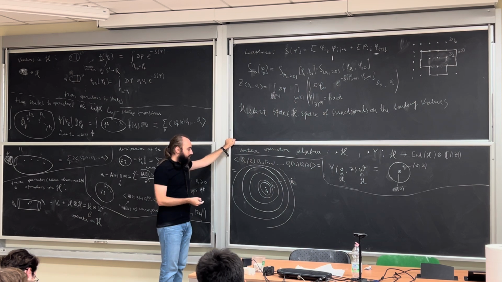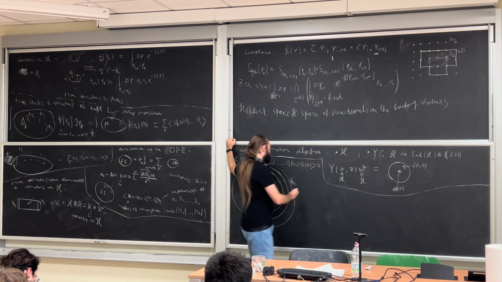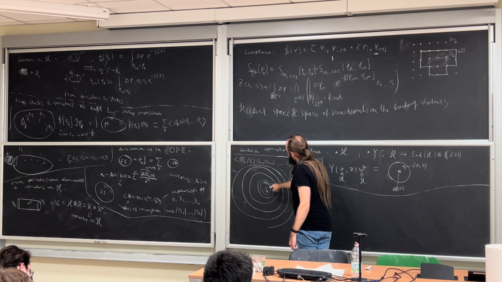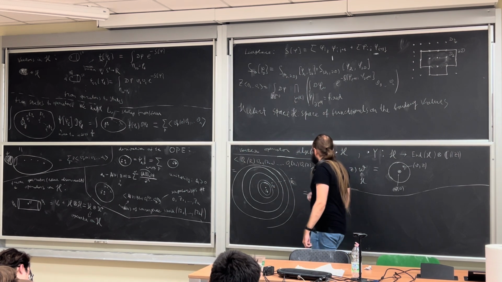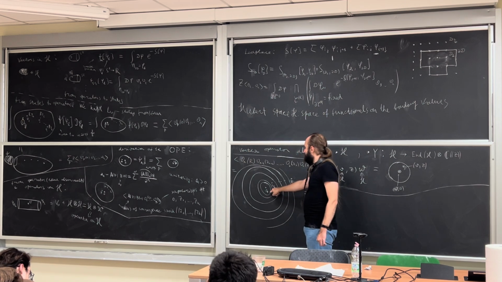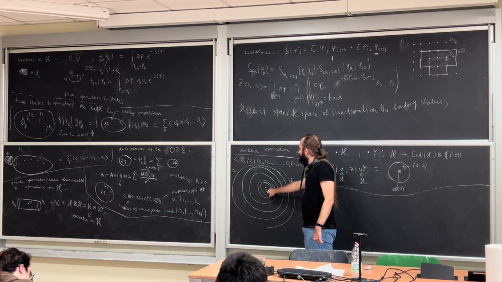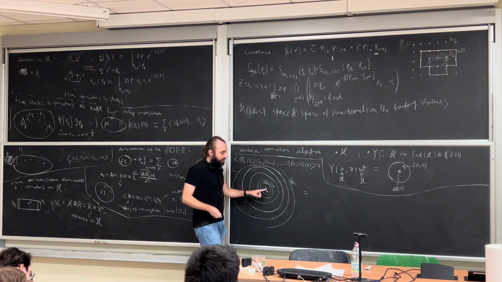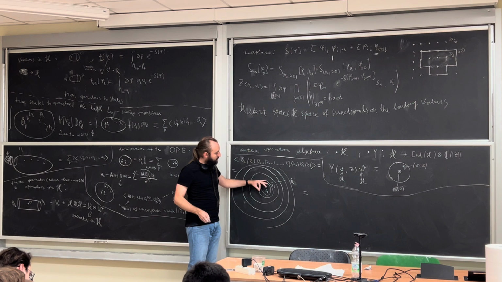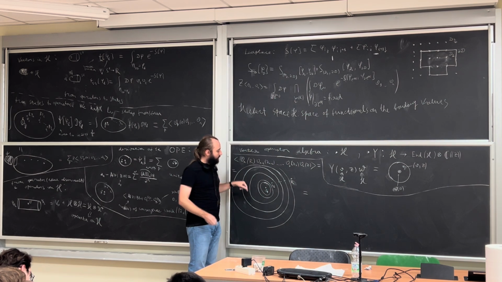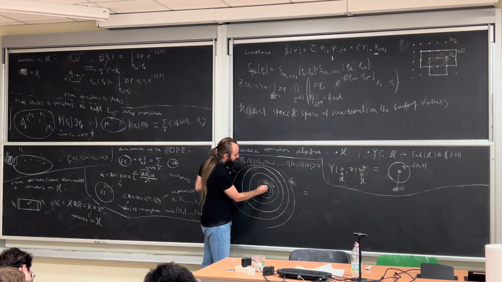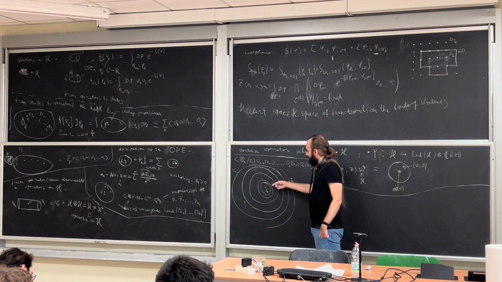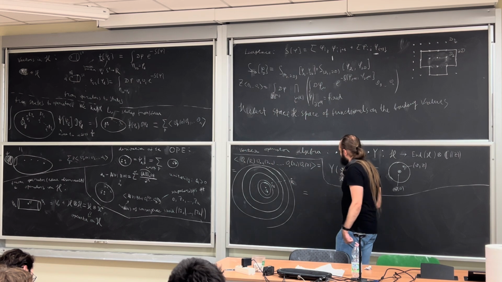So this object should equal the product of some states, and the first state is precisely the state created by the operator of dimension delta 0. It sits at the origin. So the state which will live on the smallest circle, or better to say at 0, will equal delta 0.